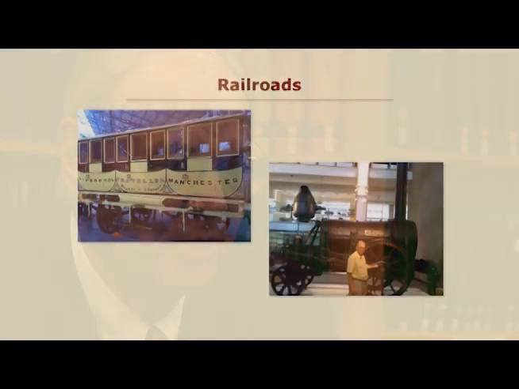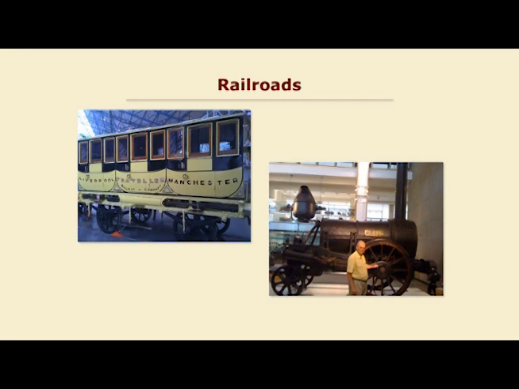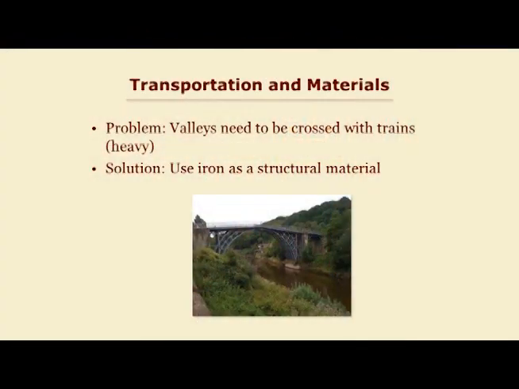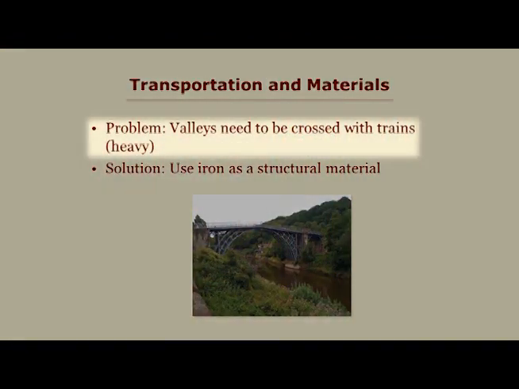Here is one of the early railroads, in fact, one of the very earliest of all, and you can see it is just literally a steam engine mounted on a carriage. Well, if you're going to build a transportation system with railroads, you've got some problems. You've got valleys to cross with very heavy equipment.